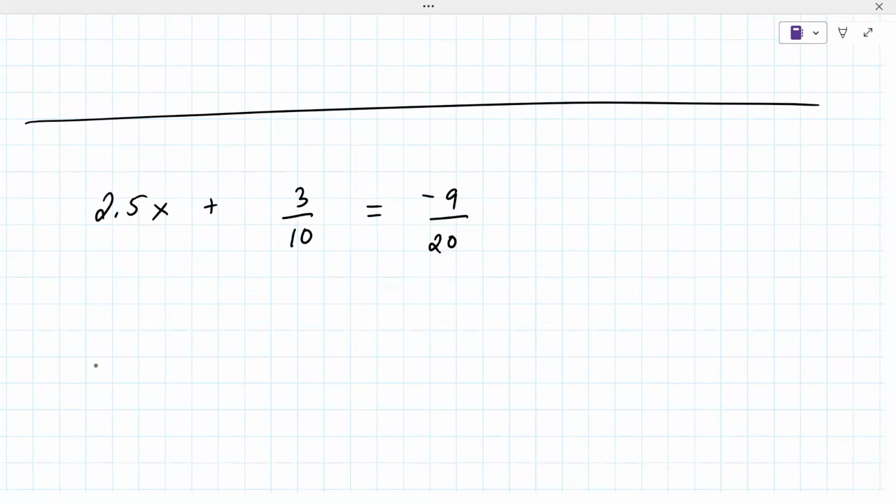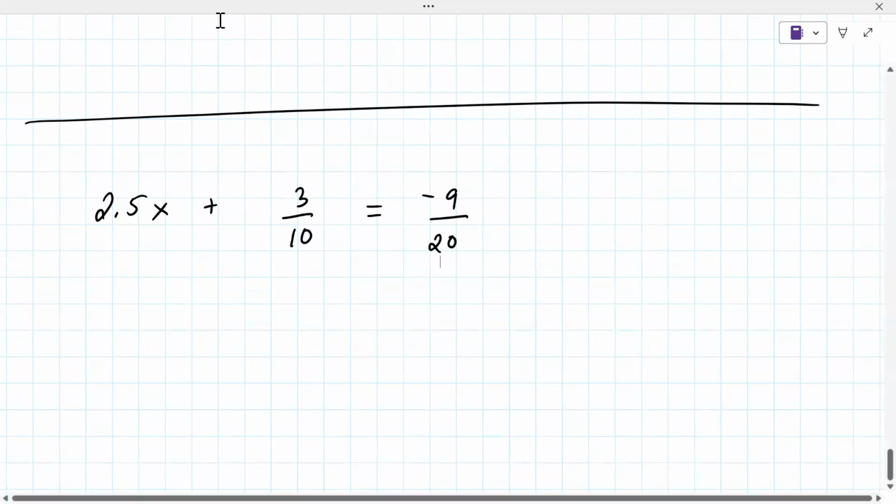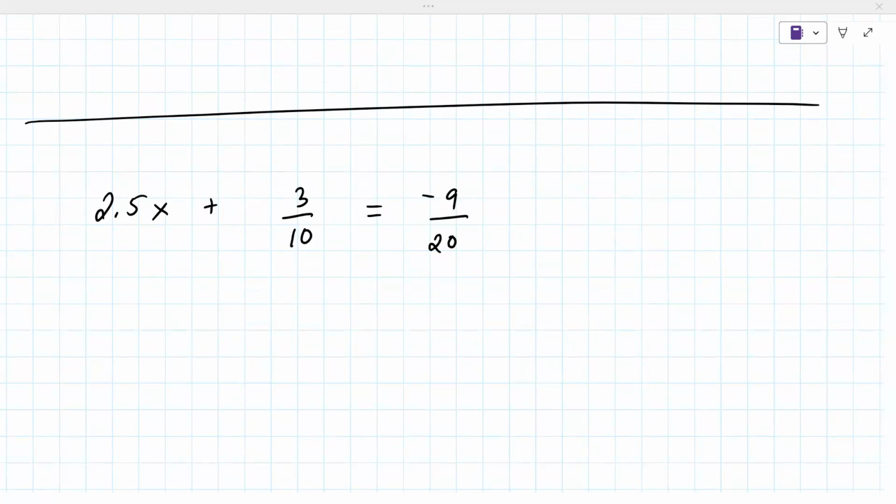You're going to have to convert fractions to decimals, or decimals to fractions, at some point in this problem. But you can either do it now or later, or I would work it as is. I would move the fraction over, combine it, then decide how I want to handle this.